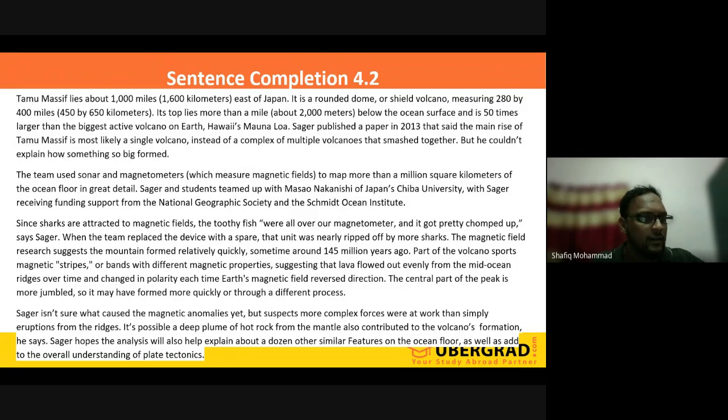Check your last answer, Srishti Thorat. Yes, 4.1 will be for homework.